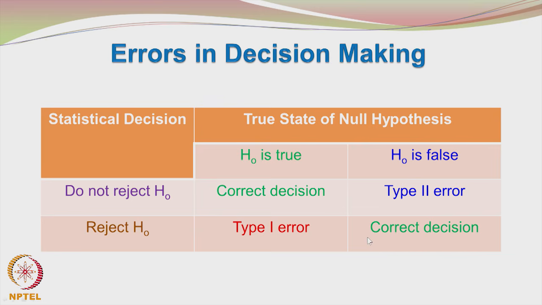I can give a very simple example or maybe a couple of examples. If the null hypothesis says that the person accused of a crime is innocent and the court rejects that hypothesis H naught and instead says the person is actually guilty and convicts him, then a wrong decision has been made and an innocent person has been punished.